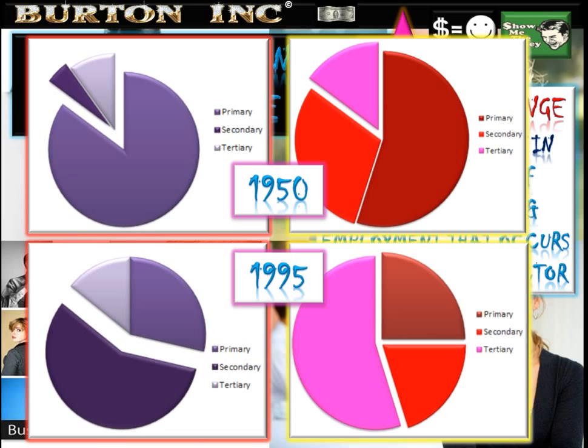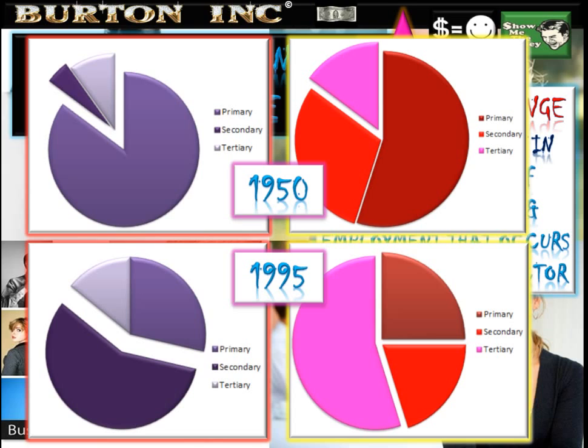And then we can see those huge changes in China taking place. In 1995 we see the secondary sector has just grown so much. Not only has it grown, but it's accounted for now the majority of economic activity in this country. Right. The secondary sector expanded.